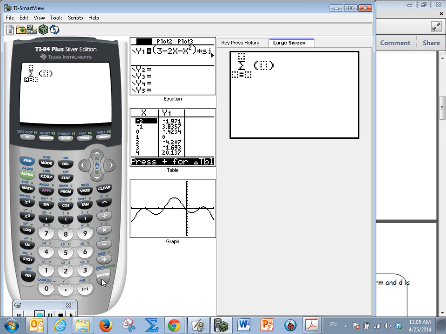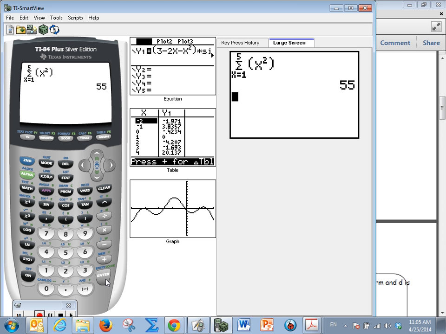So let's do the first one. Go from k equals 1. So we could just use x. X equals 1, 1 to 5. And we're going to put in x squared.